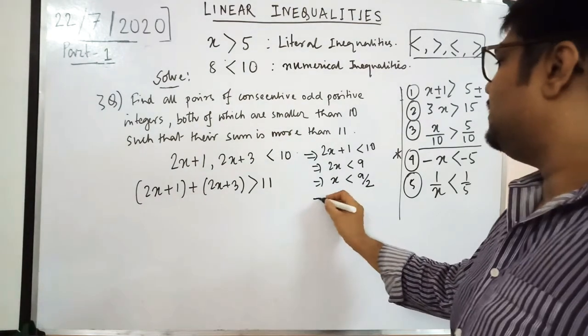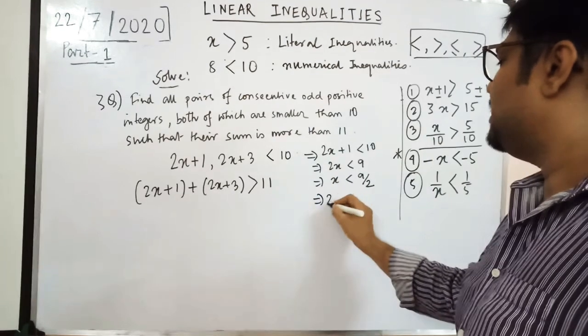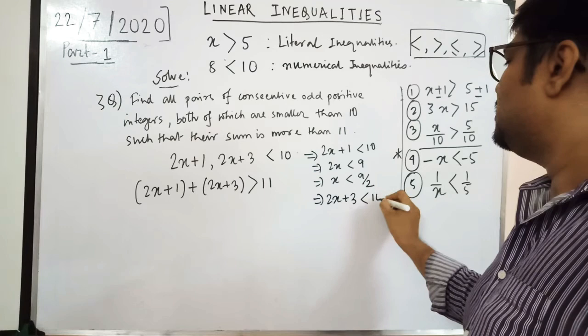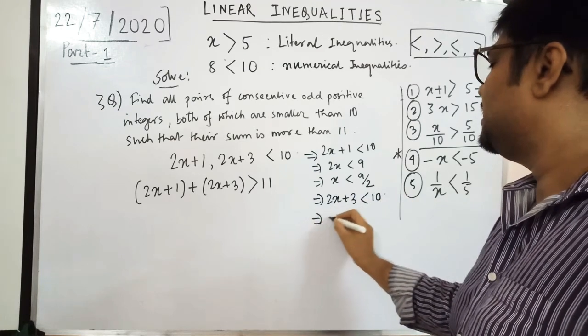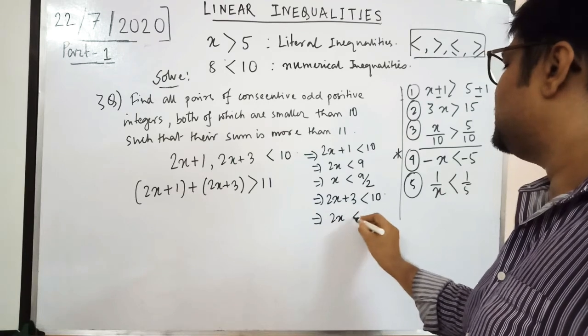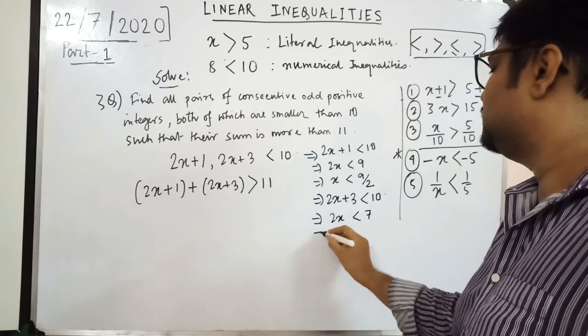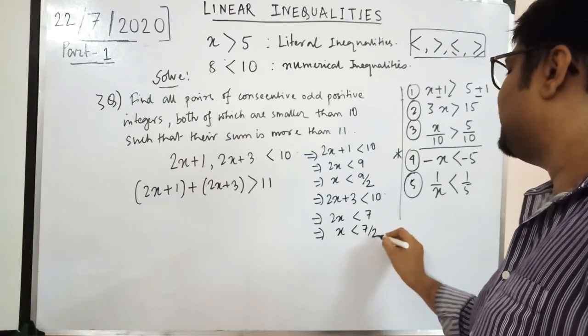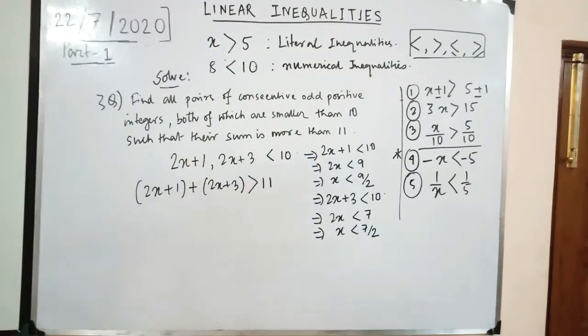And here we get another thing, that is 2x plus 3, that is also lesser than 10. That means if you subtract, you get 2x lesser than 7, which is x lesser than 7 by 2. Okay. So these are the two criteria.